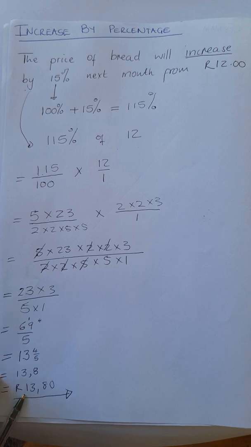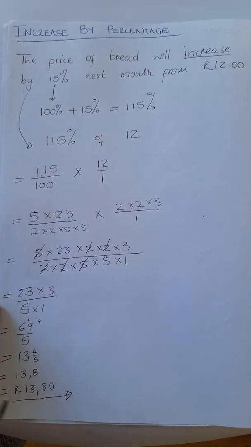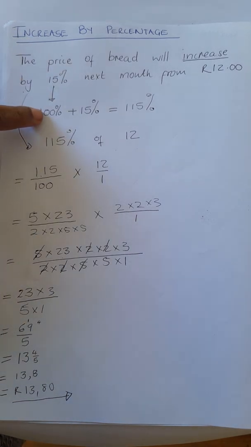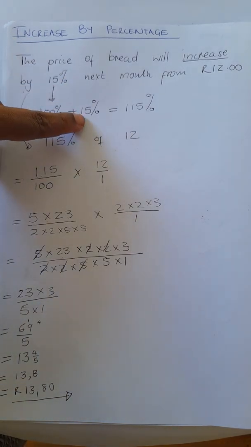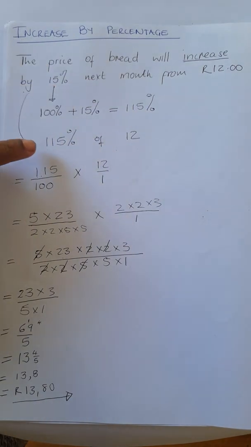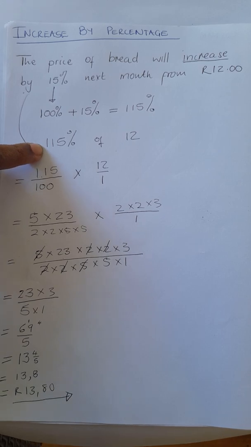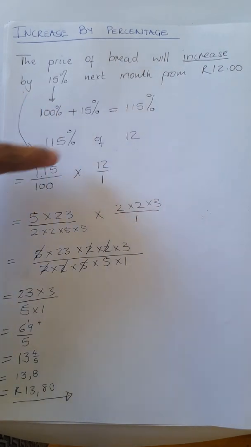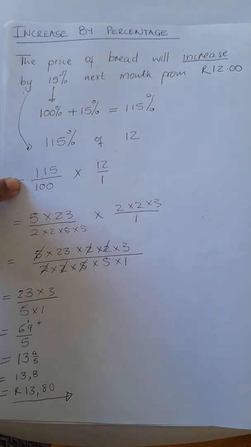But for now, as long as you understand how we get the percentage increase. So if we increase, we add that increase to 100 and we get a new percentage. And on the next step, we are looking for 115% of 12, and we do exactly what we did in lesson number 1 and lesson number 2.